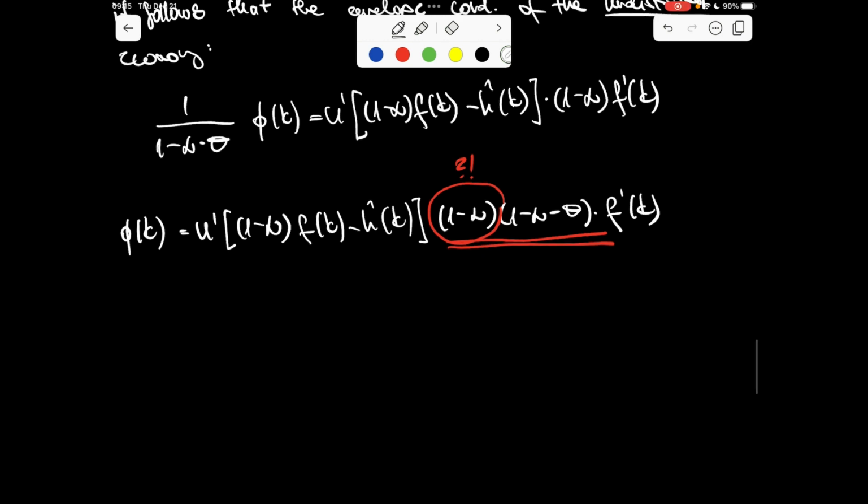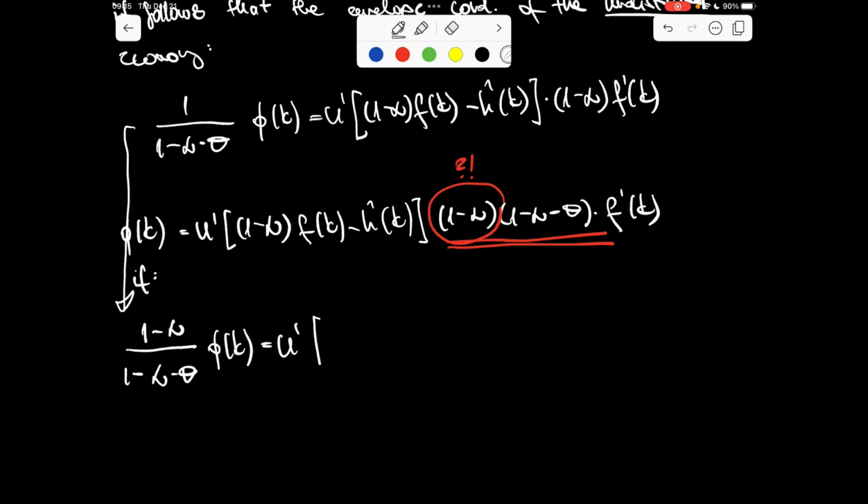We can easily eliminate this term if this equation looked, I'm using the conditional, if it looked this way, we would have the same envelope condition as we need.